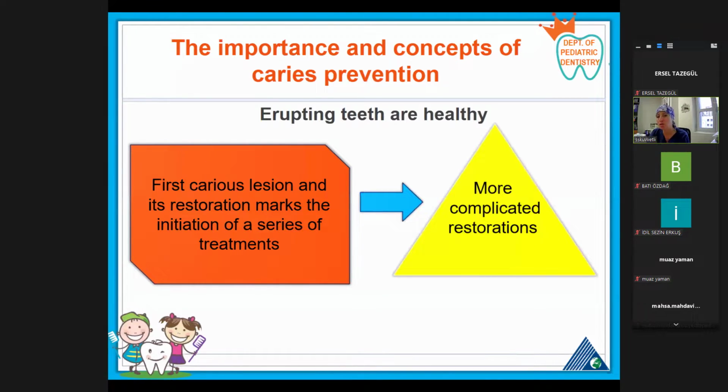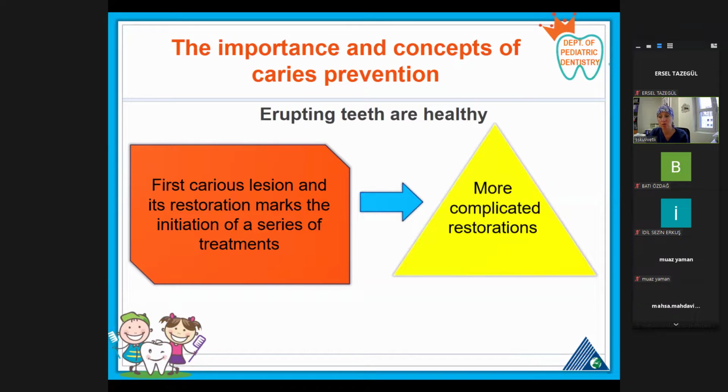So a first small filling is changed during the years, and when we replace a filling, we usually lose more tissue from the teeth, and then we make larger cavities and larger restorations, and sometimes these restorations fail, and then we need to do root canal treatments, and then we need to make a full crown restoration.